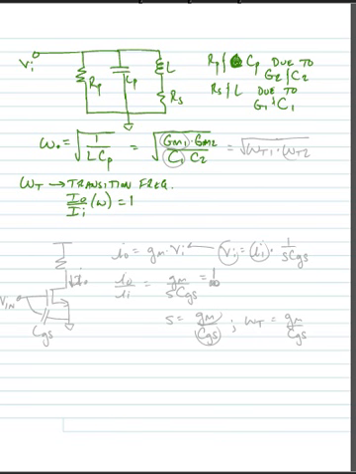So let's look quickly at a transistor circuit where we'll neglect the CGD for the circuit and only look at CGS. So here we have our input voltage and we have an output current.